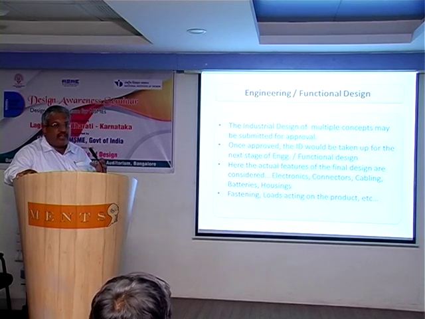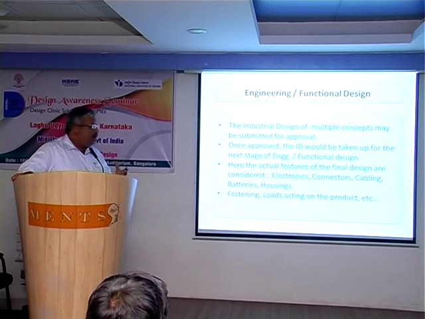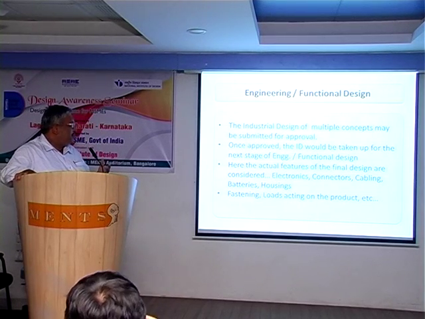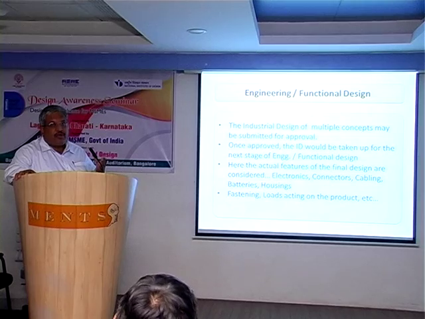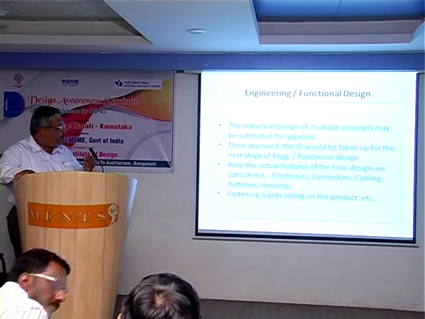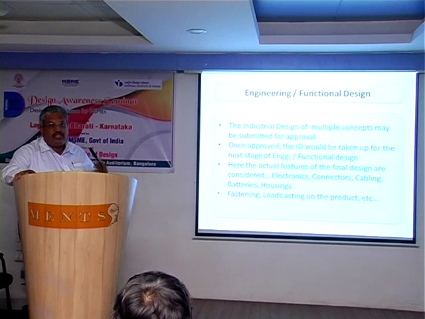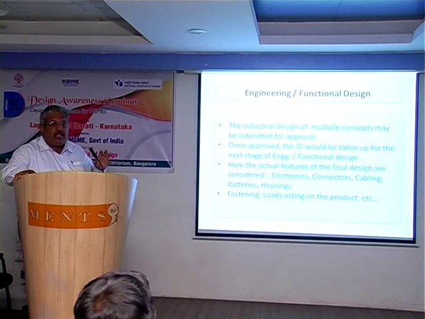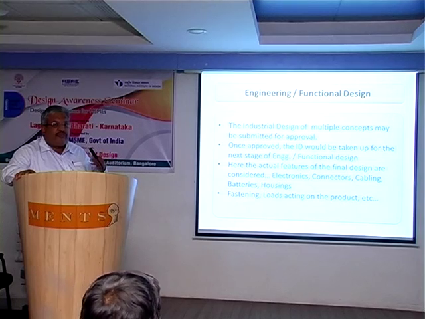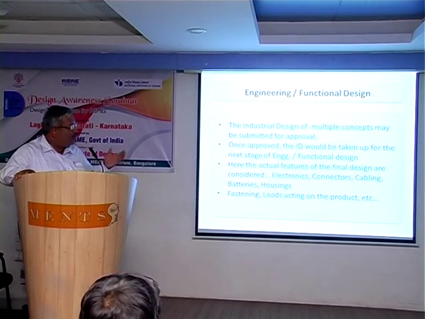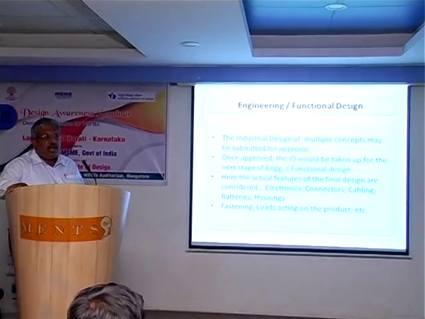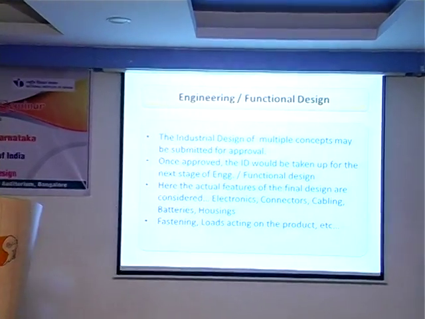Here we work on the actual features involved: the parts, features, electronics, connectors, cabling, how these things interface with each other, and how the human machine interface, or the human product interface, happens. All these things will come in the engineering design.